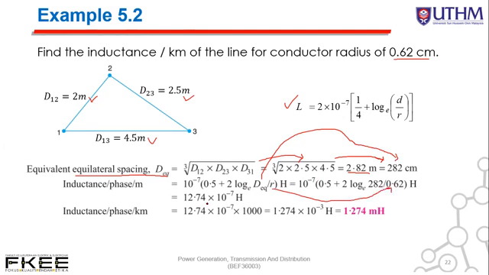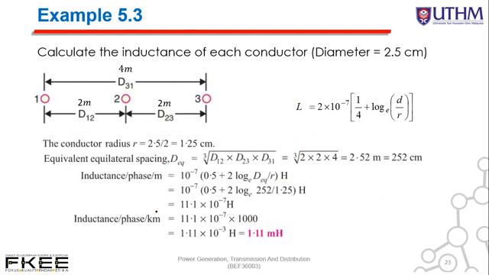So we got 12.74 times 10 to the power of -7 Henry, or we can convert to millihenry: 1.274 times 10 to the power of -3 Henry, or 1.274 millihenry. So this is the inductance per phase per kilometer of the line conductor.